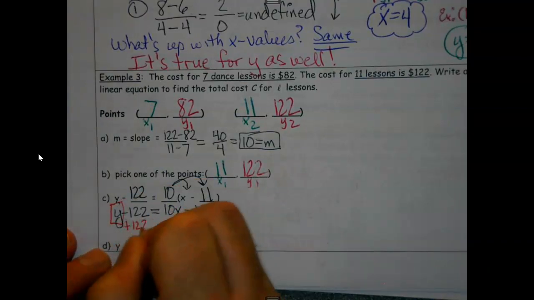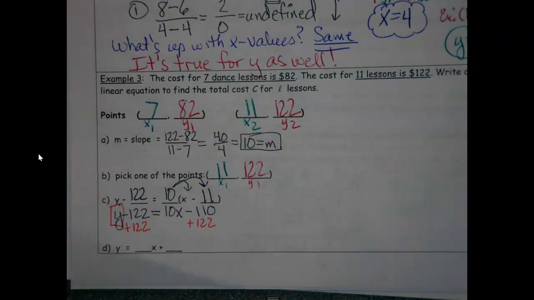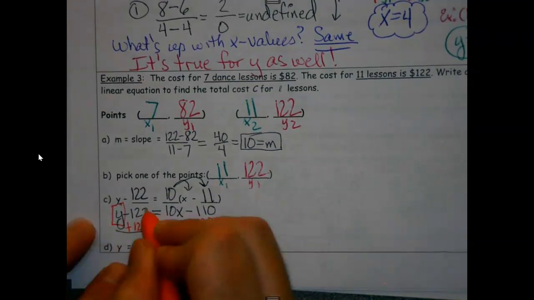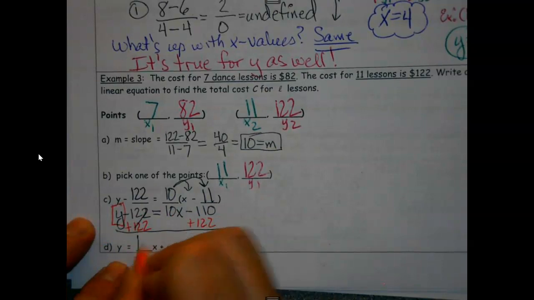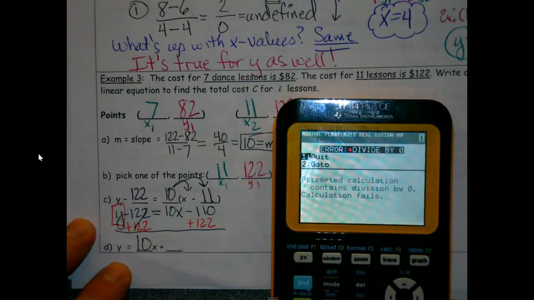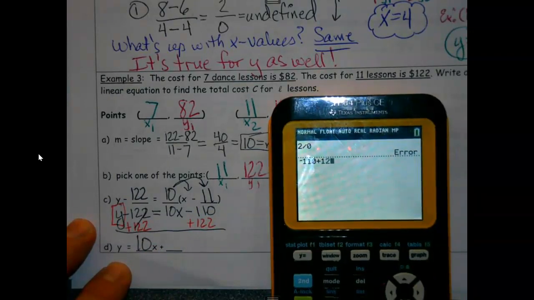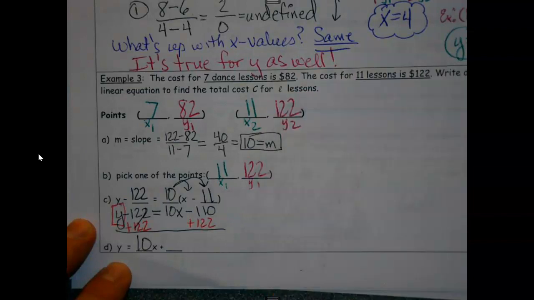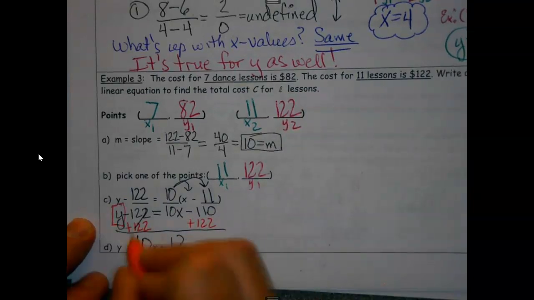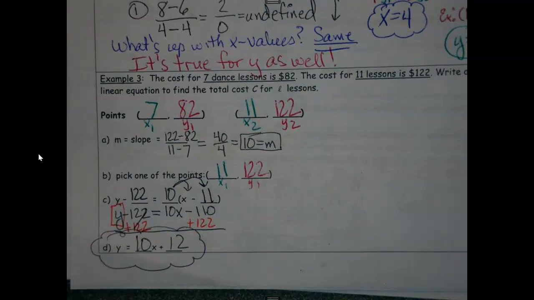So I'm going to do the opposite of a minus 122. Just hang on a minute there. And that's going to be 12. And I've got my equation.